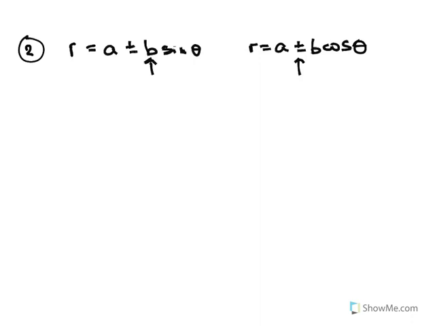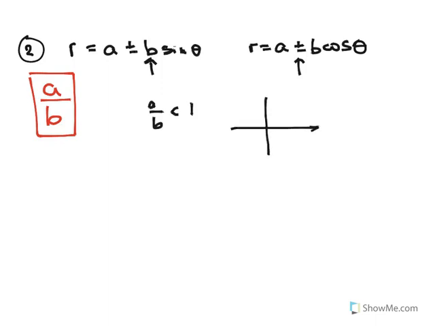Now, you need to consider this ratio, A over B, okay? So you're gonna focus on this ratio. Now, if A over B is less than 1, then you're gonna get the shape. You know what? Let me erase and make it a little bit longer.